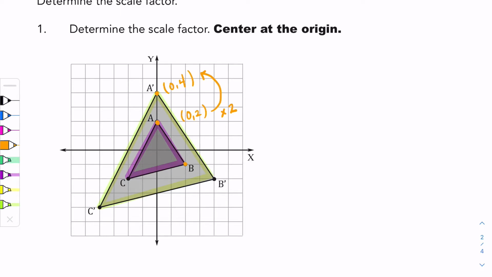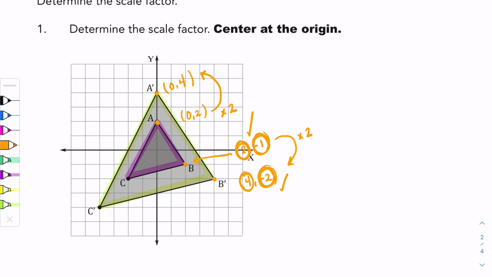And I would check that for all points. So point B is at 2, negative 1. And point B prime is at 4, negative 2. So just think, all right, if we multiply our pre-image point by 2, looking at your x value, 2 times 2 is 4, so that works. Looking at your y value, negative 1 times 2 is negative 2, so that works.